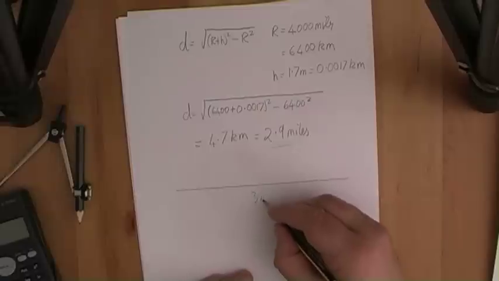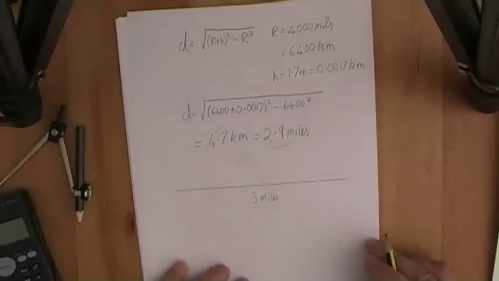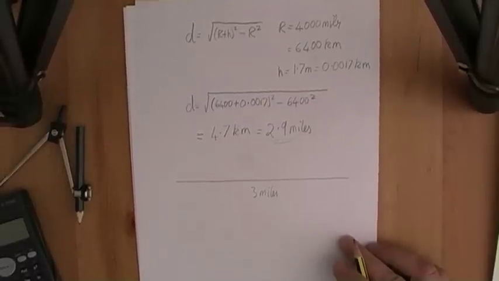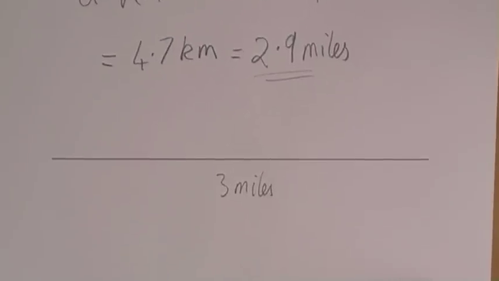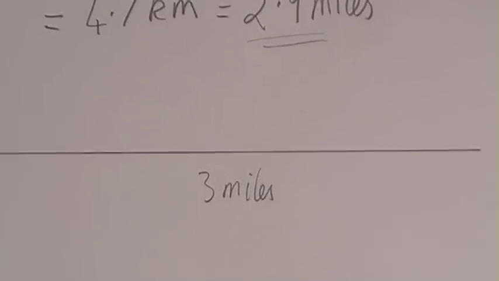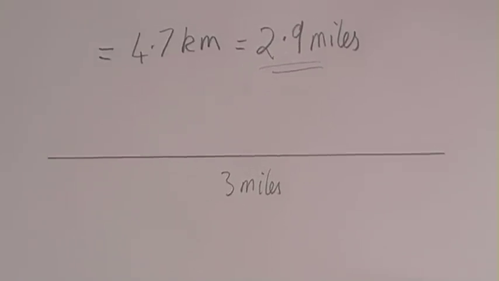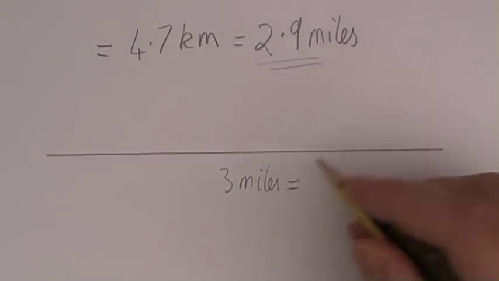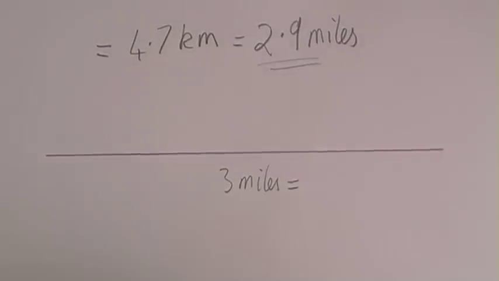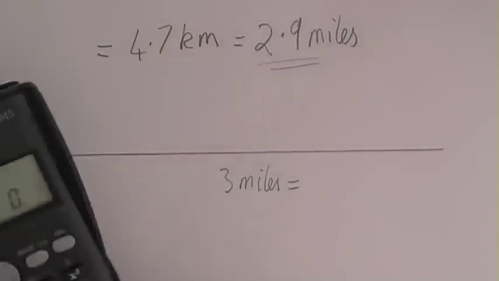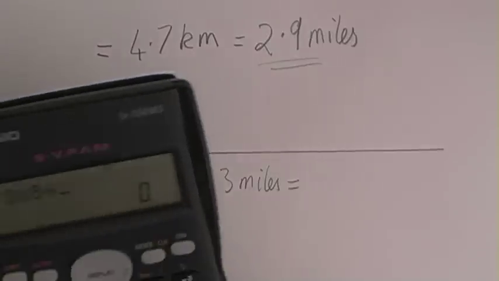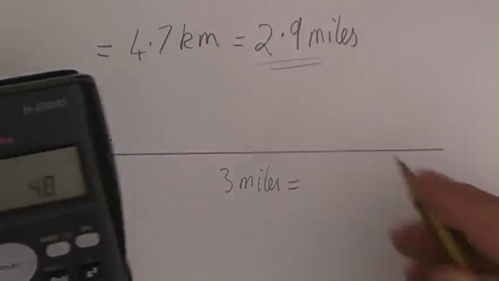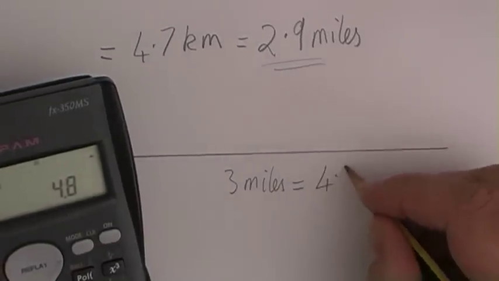Say I want to represent that line as a 3 mile long line, so how big would a human being be on this line? I find it easier doing metrics. So we'll do 3 times 8 divided by 5, so about 4.8 kilometres.